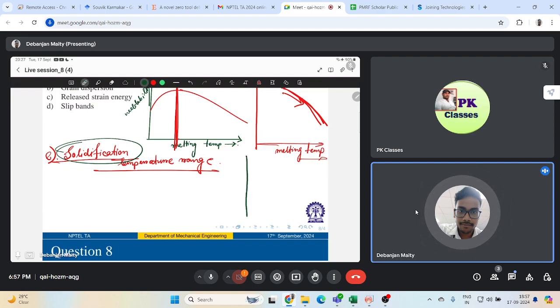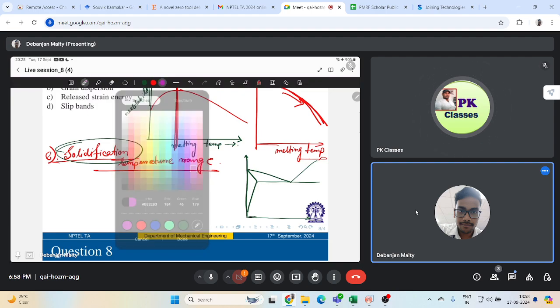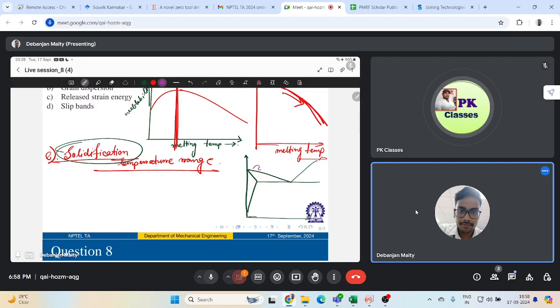Remember in the binary alloy phase diagram, even if you refer to the iron carbon phase diagram, there were curves like this, right? What were those curves? This is called the liquidus line.